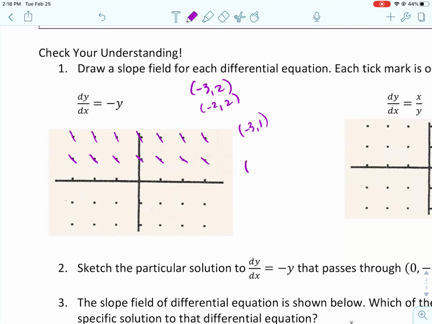All right, if I go down to the next set of points, I would have negative 3, 0. What are those slopes going to be? All 0, yeah.